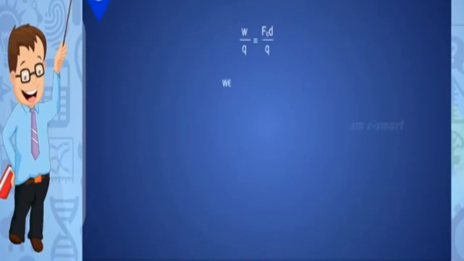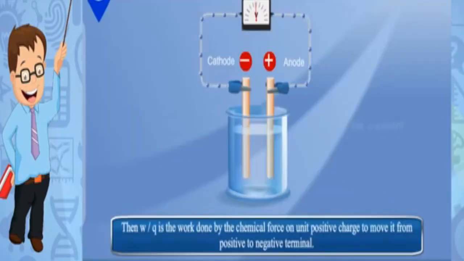We know that Fc equals Fe. Then we get W by Q equals Fe d by Q. Then W by Q is the work done by the chemical force on a unit positive charge to move it from the positive to the negative terminal.